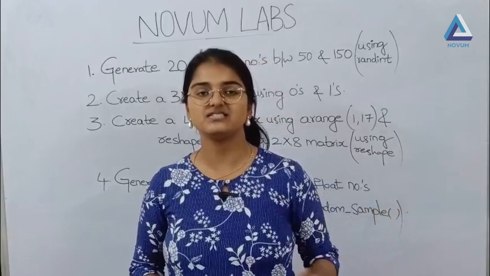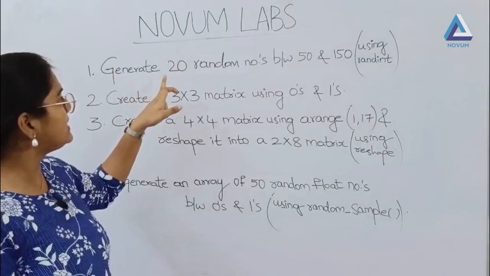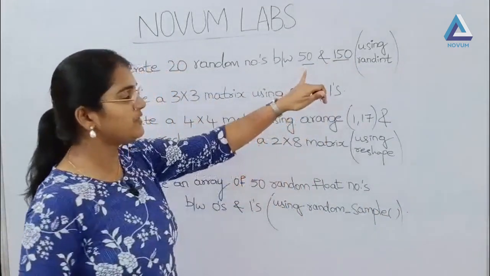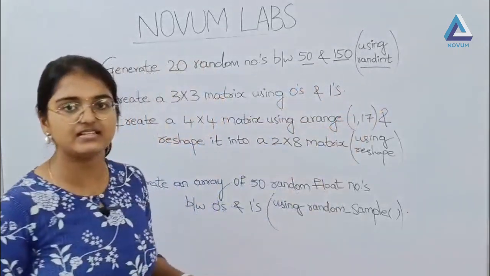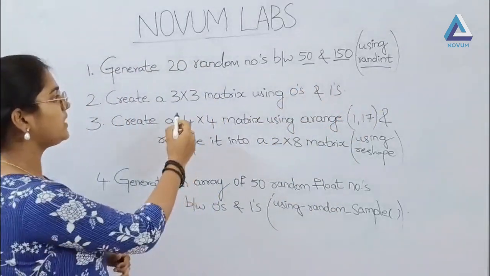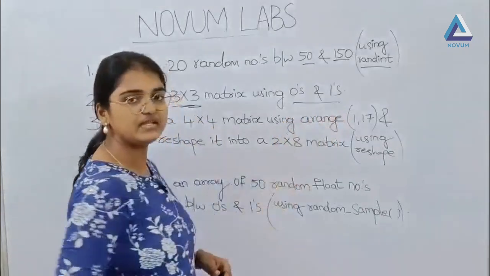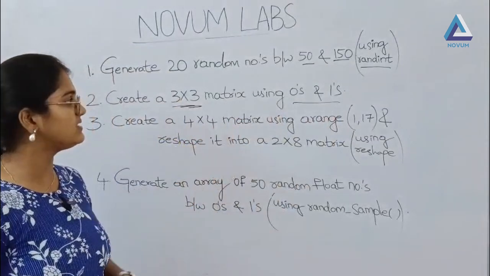Here are some questions, just have a look. The first one is generating 20 random numbers in between 50 and 150. Here 50 and 150 are integers, so by using randint just generate the random numbers. The second one is create a 3 cross 3 matrix using the zeros and ones methods. You can easily solve this.